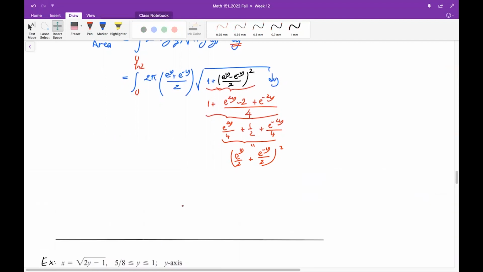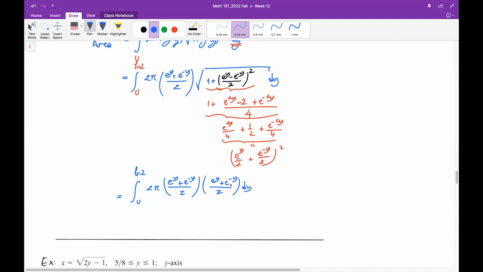So the integral is done. Let me continue from here. It is from 0 to ln2, 2 pi, this expression, e to the power y plus e to the power minus y over 2. So the square and square root cancel each other, leaving e to the power y plus e to the power minus y over 2 again, dy.